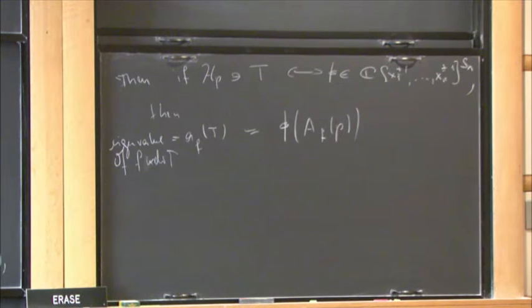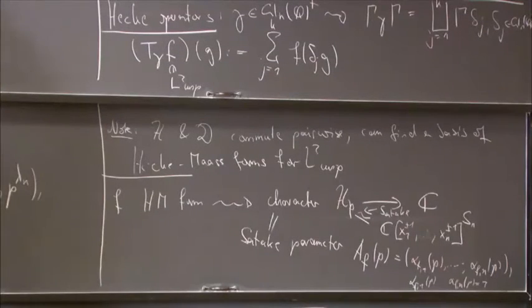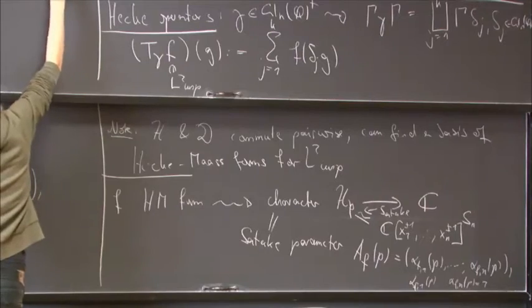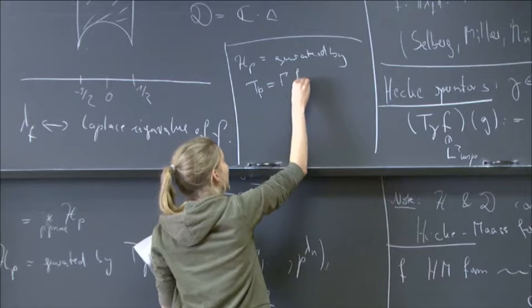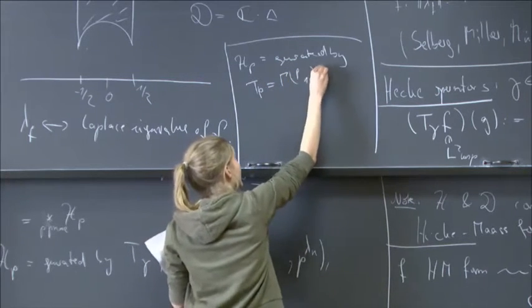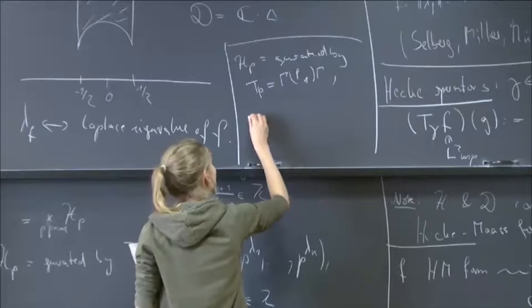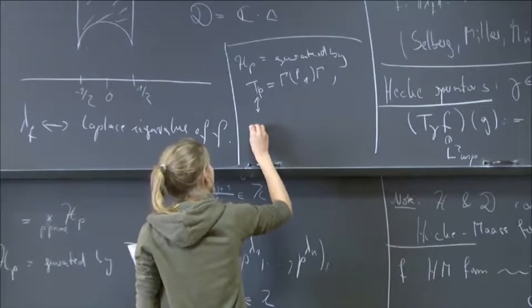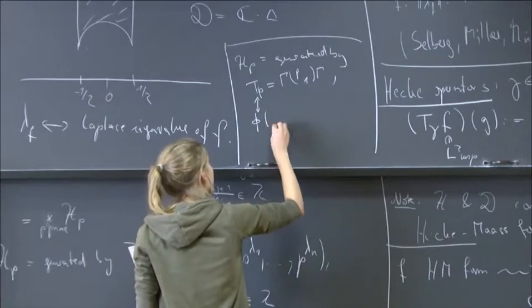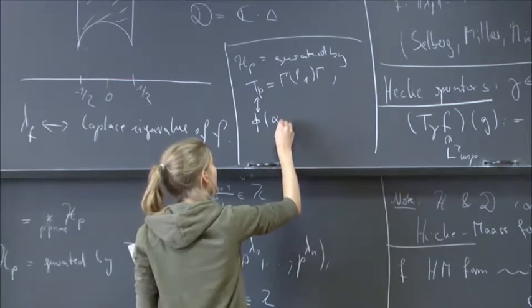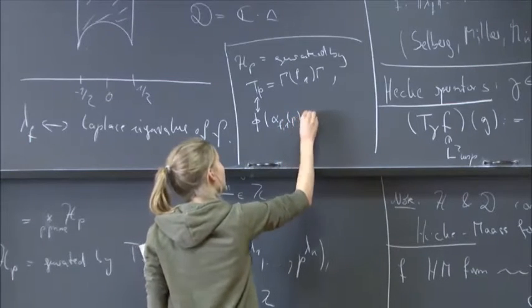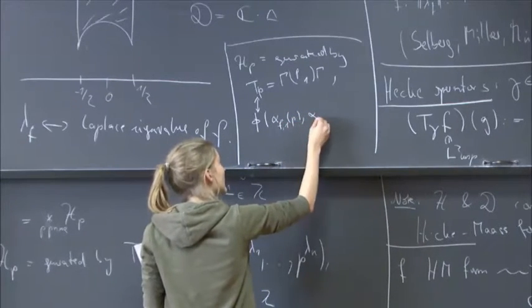So, for example, for n=2, you get just the usual picture that H_p is generated by the Hecke operator T_p corresponding to the double coset gamma (p,1) gamma. And phi, which corresponds to this, evaluated at the Sarnak parameter A_f(p).